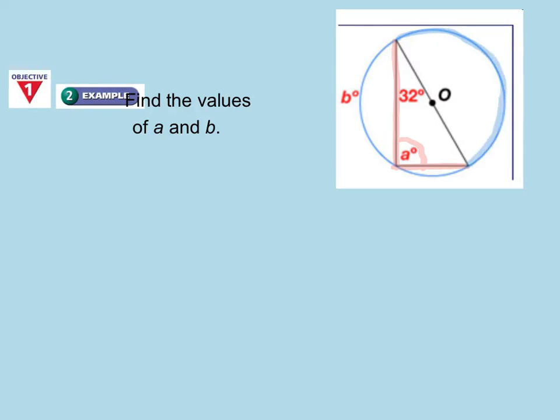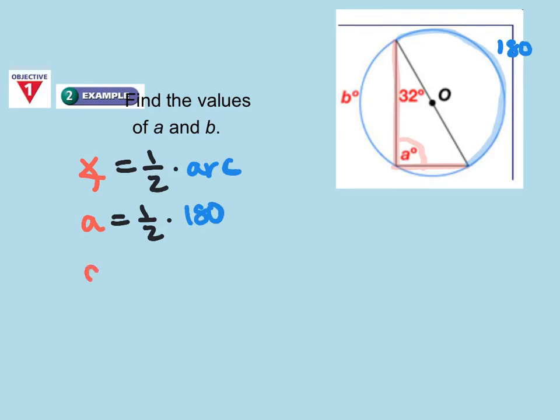Now, because it is a semicircle, we can assume that the length of this arc is 180. So if I want to find the measure of A, using my formula, the angle equals 1/2 times the arc. So if I substitute, the angle A equals 1/2 times the arc, which is 180, so that gives us that A equals 90.